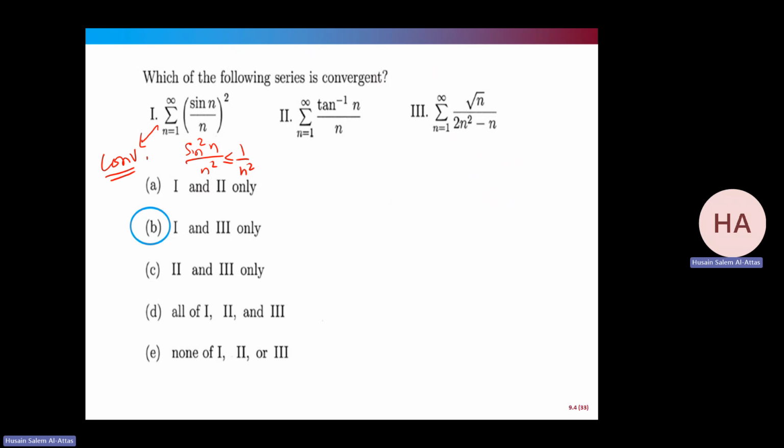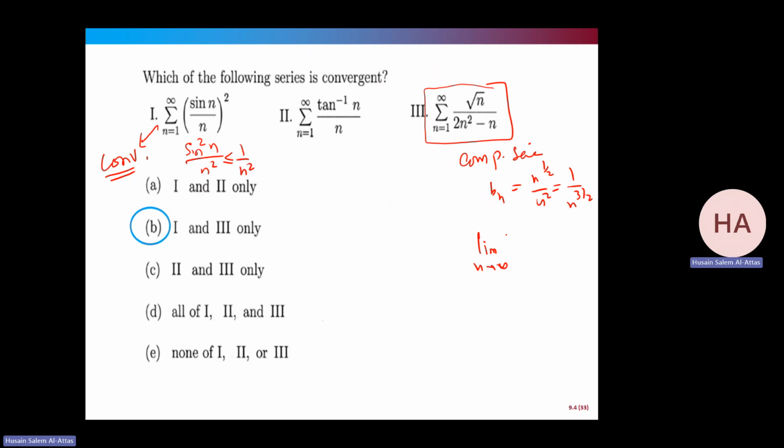I don't think I need the details. For this one, I compare it with what? The comparison series will be Bn, the n-th term of that, n to the power half over n squared, which is 1 over n to the power 3 over 2. Do the limit.